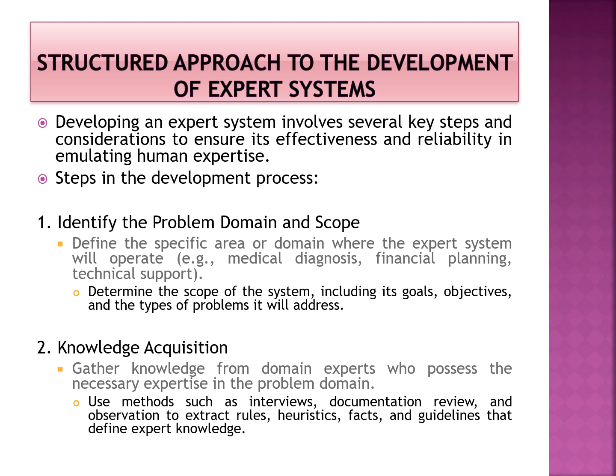So according to the purpose, you should check for which environment or which area you are going to develop the system. You should clearly define goals, objectives, and the type of problems that the system will solve.